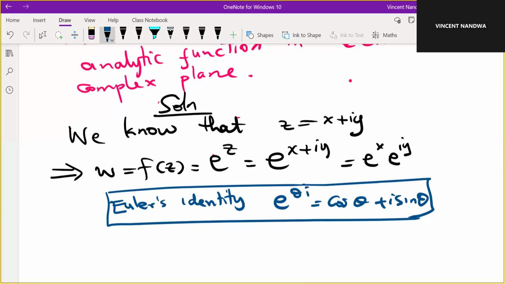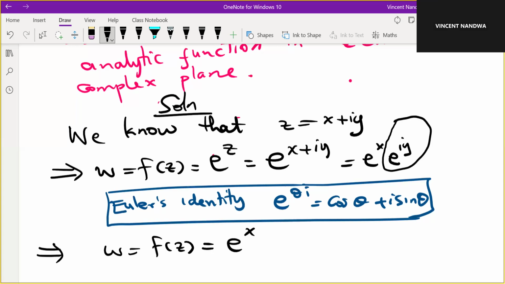So that tells us that e raised power iy can be written as, so what will be the value of e raised power iy? How can you write that function, this part, in the definition of the Euler's relation?